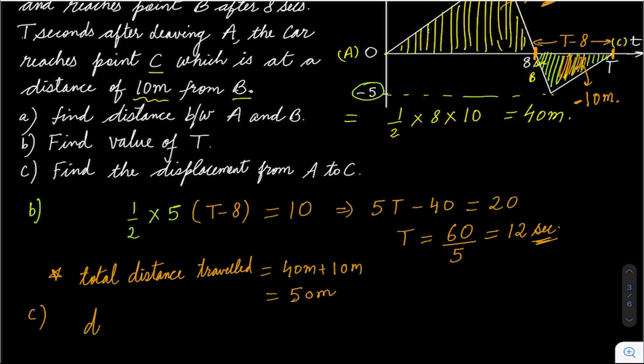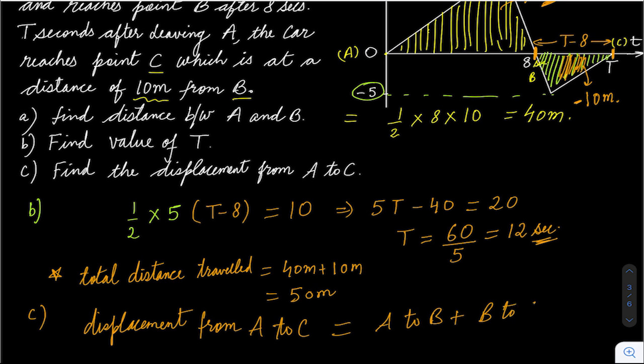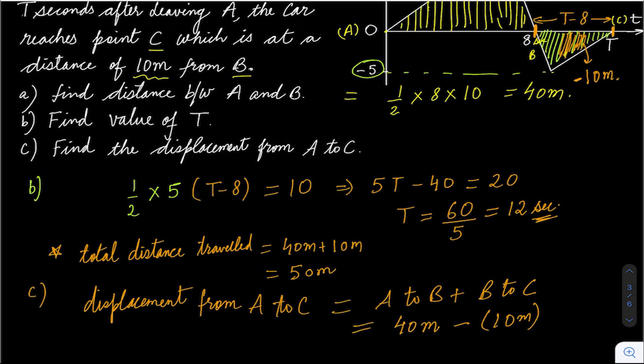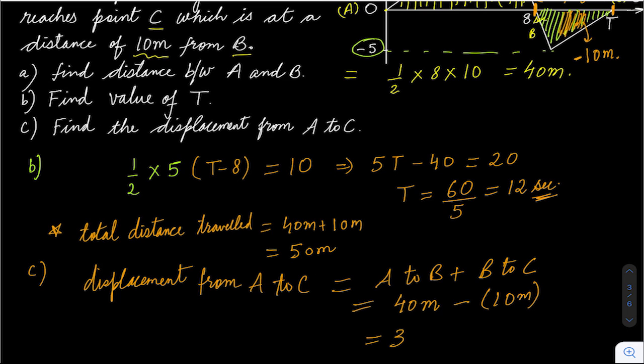So displacement from A to C will be actually from A to B plus from B to C. From A to B, my displacement and distance are the same, that is 40 meters. But from B to C, my displacement will be minus 10 meters. So my final displacement will be 30 meters.